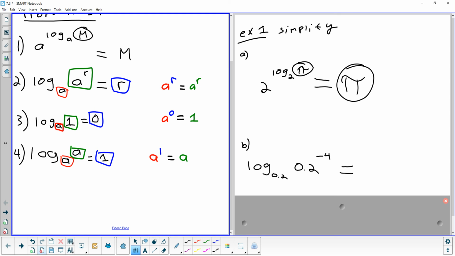Don't you need it? Oh, wait. No. 0.2. So when we simplify that, that's the answer right here, right? The R. Yeah. Where is the R? What's the R in this problem?